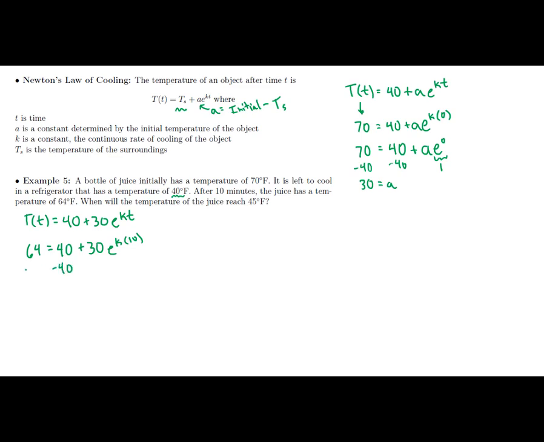So I'll subtract 40. So we have 24 is equal to 30 e to the 10k, just flip-flopping the order there. And I can isolate my exponential. I suppose I can do a little bit of reducing here. Let's see, 6 goes into both of these, so this is going to be 4/5 is equal to e to the 10k.